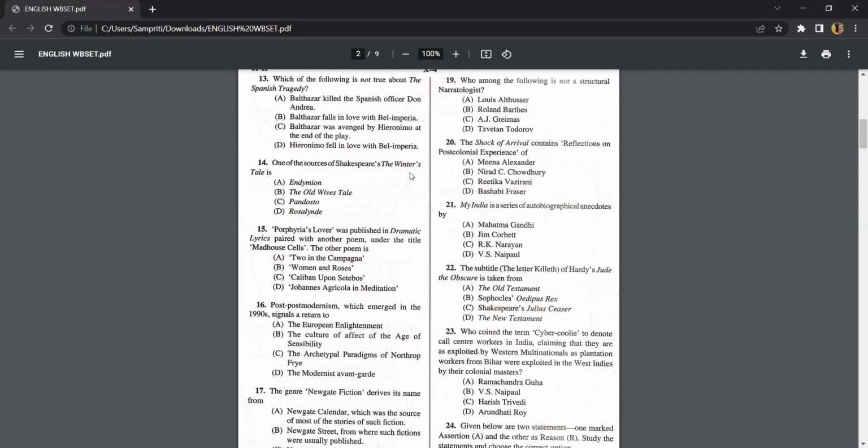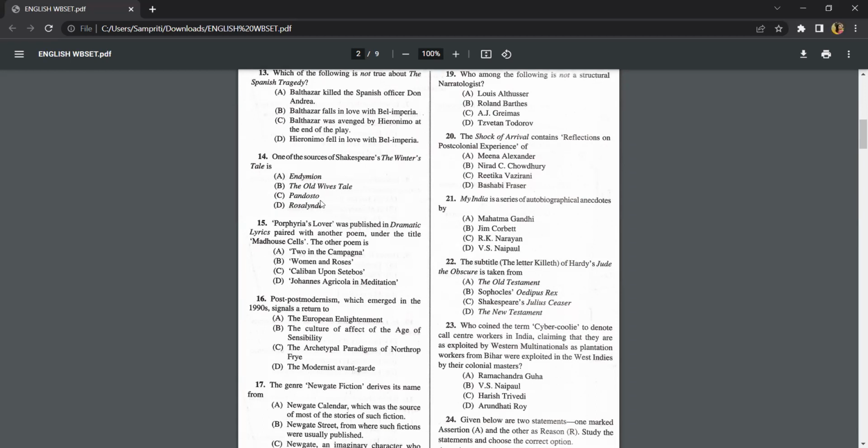The pre-Shakespearean era, like the University Wits, Marlowe, and those people, they are very important because they established the foundation for Shakespearean works. The principal source for The Winter's Tale by Shakespeare is, of course, Pandosto by Robert Greene. The subtitle of Pandosto was The Triumph of Time.